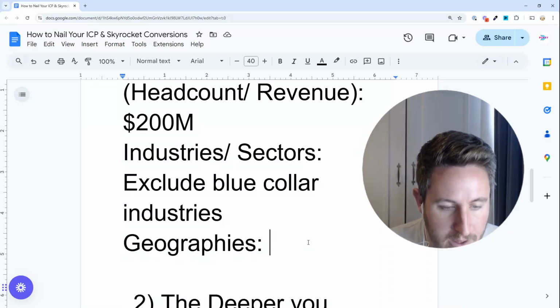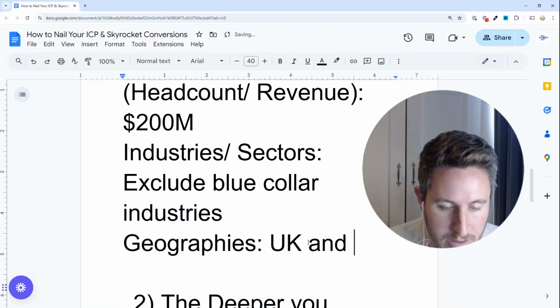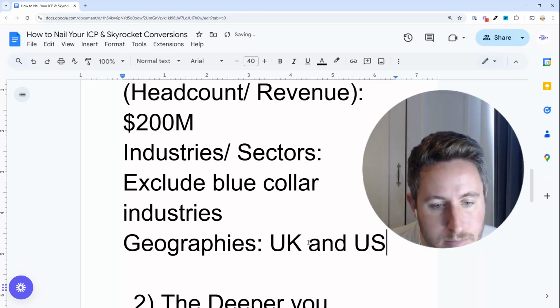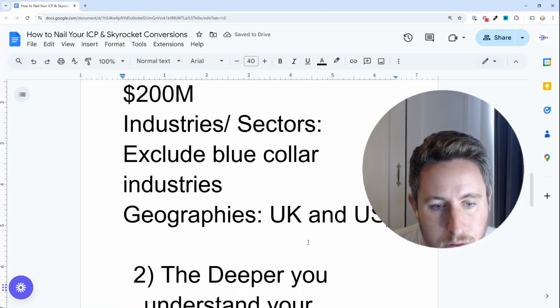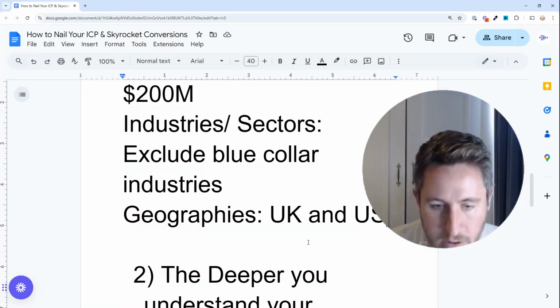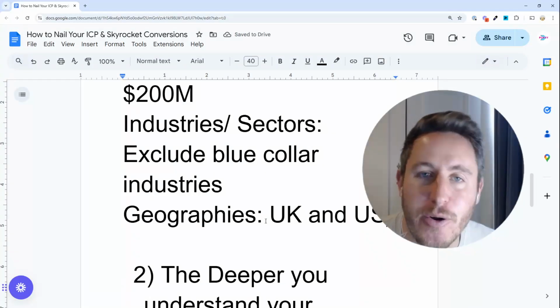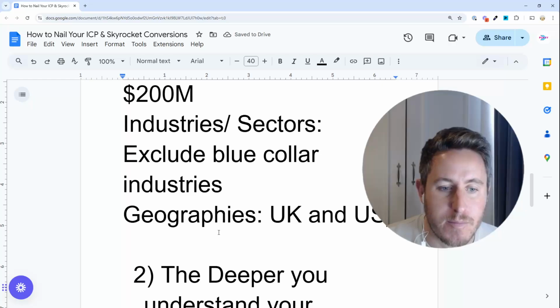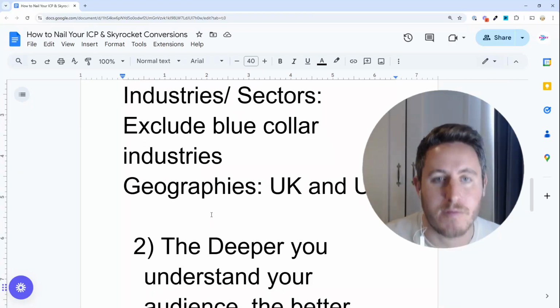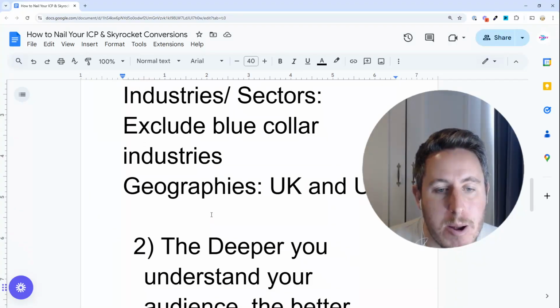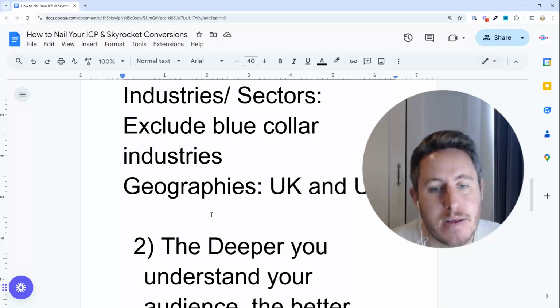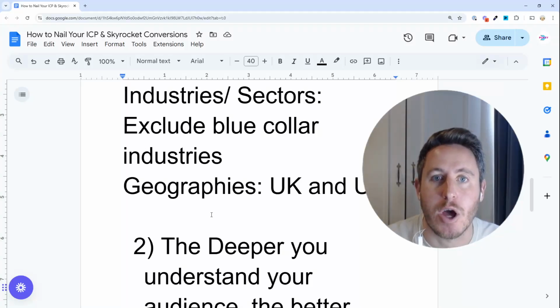And geographies for them, they were targeting the UK and US. Yeah, which for the northern hemisphere, those are the main big English speaking markets with budget for something like this as well, and big enough markets for you to go at and have a decent sized audience to go at.